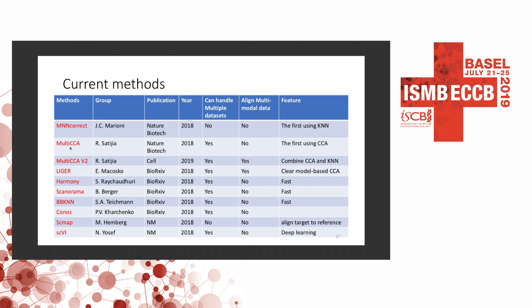Currently people may think the multi-CCA method is very promising, but there's no agreement on which method is best, and there's no benchmarking paper yet. So I would not know what method to use in real data, but at least I think multi-CCA version 2 is better than multi-CCA version 1.